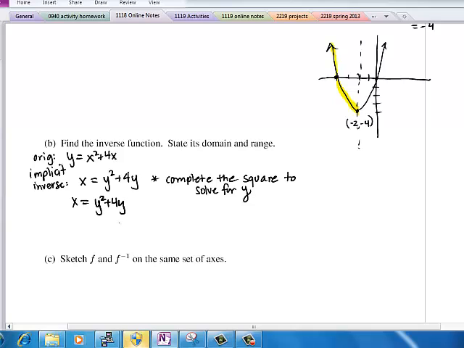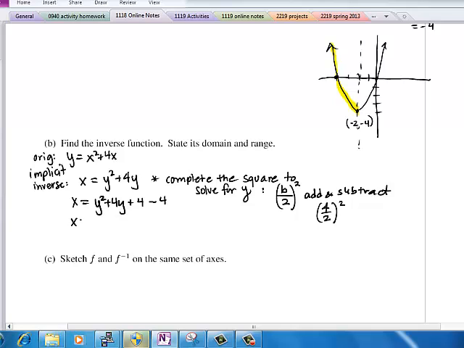I want to take half of the b, the linear coefficient, and square it. I'm going to add and subtract that quantity, so that really what I'm doing is adding 0. So b over 2, in this case that's 2 squared, because I'd have 4 over 2 squared, so that's 4. So I want to add 4 and subtract 4.